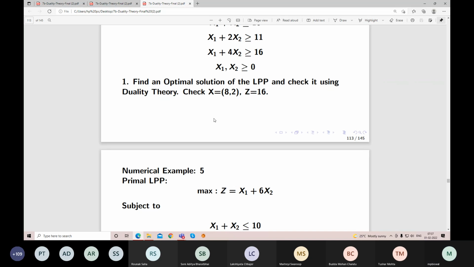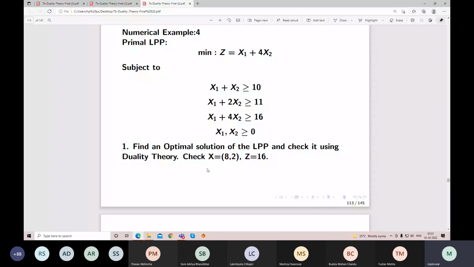Sir, in the Moodle, do we have to write the answer or do we have to upload the solution? No, there is no question of uploading. The method is very simple. For example, for this problem, the answer is 8 and 2. My question is, what is the first component? You write 8. What is the second component? You write 2.